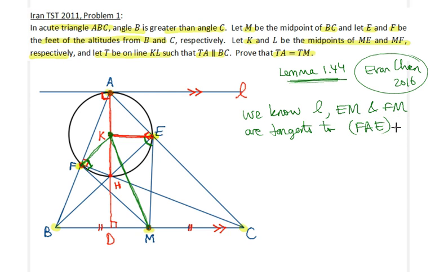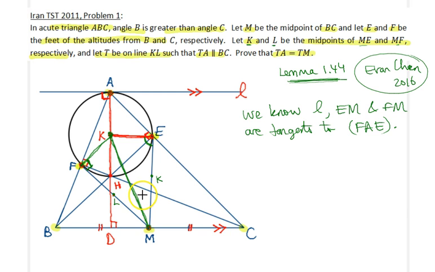Now let's complete the construction. We are told that the midpoints of ME and MF are K and L. So probably here, let's call this point K, and maybe the midpoint somewhere here, that's the point L. Let's go ahead and join these lines. Let me use a red color here.